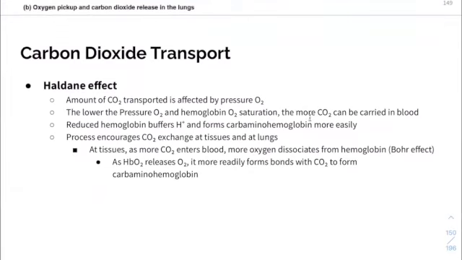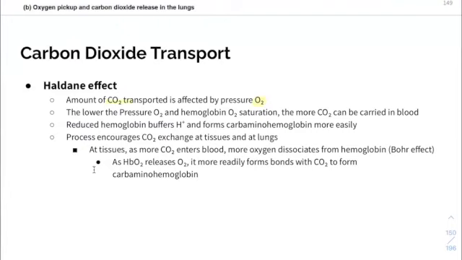So we have what is called the Haldane effect. This Haldane effect has to do with the amount of carbon dioxide and oxygen.